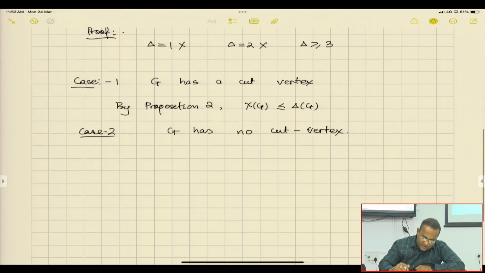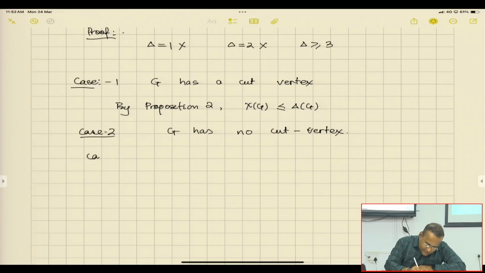G has no cut vertex, then we need to consider whether G is 2 connected.